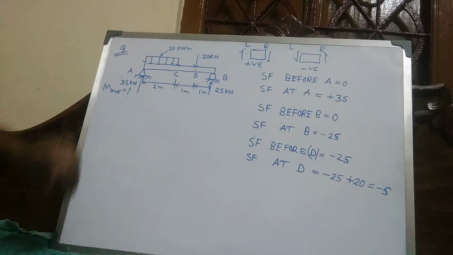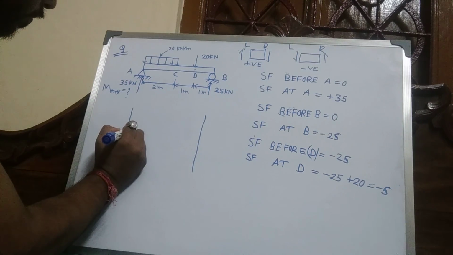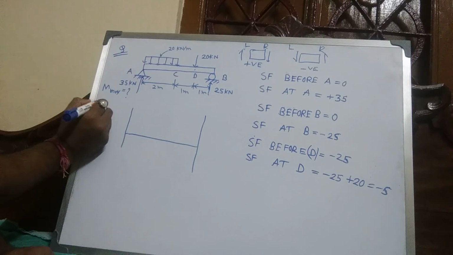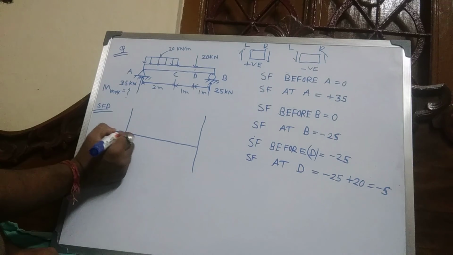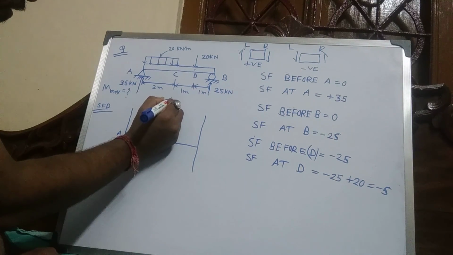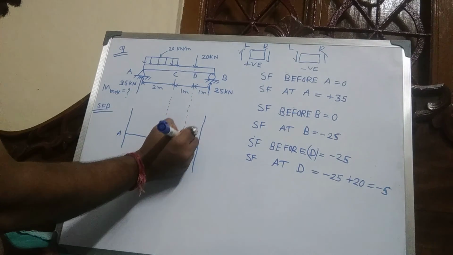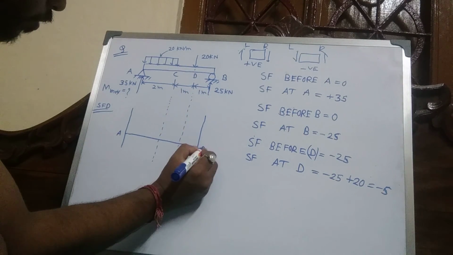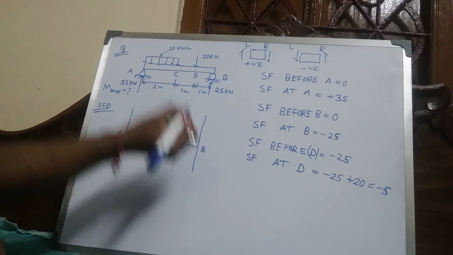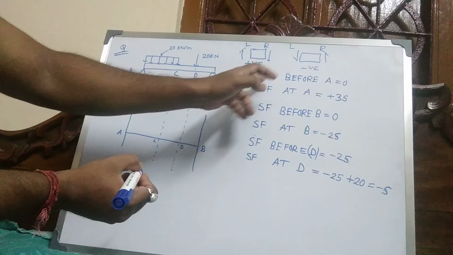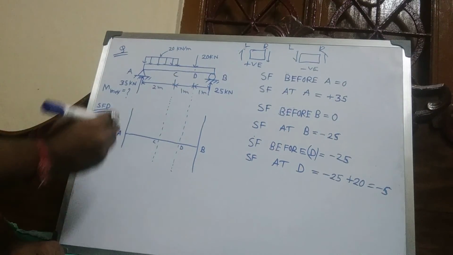Now draw the shear force diagram, SFD. This is point A, this is point B, C, D. Before A is 0, shear force at A is plus 35.